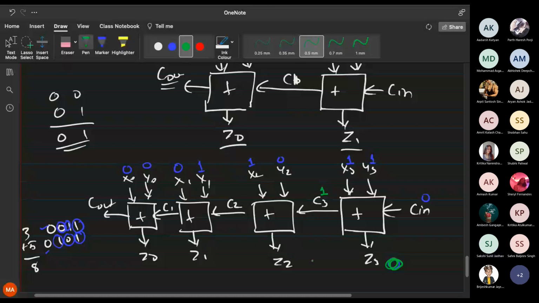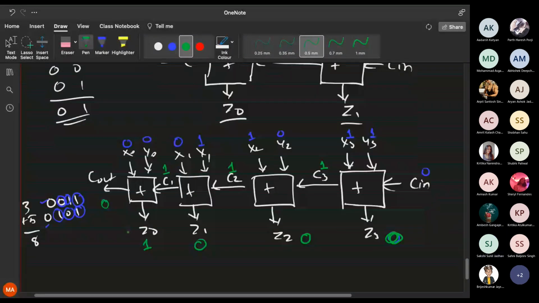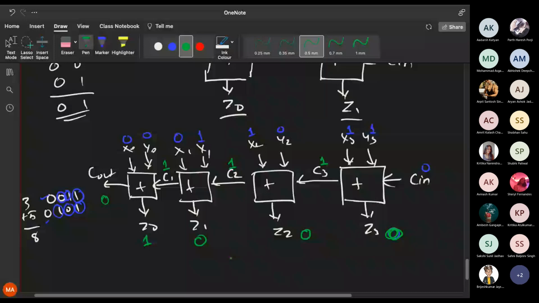This 1 plus 1 plus 0 will give you the sum as 0 and a carry as 1. This previous carry plus 0 plus 1 will give the output as 1, and the C out will be 0. So looking at the result, I get 1000, which is nothing but 8. Is that clear?